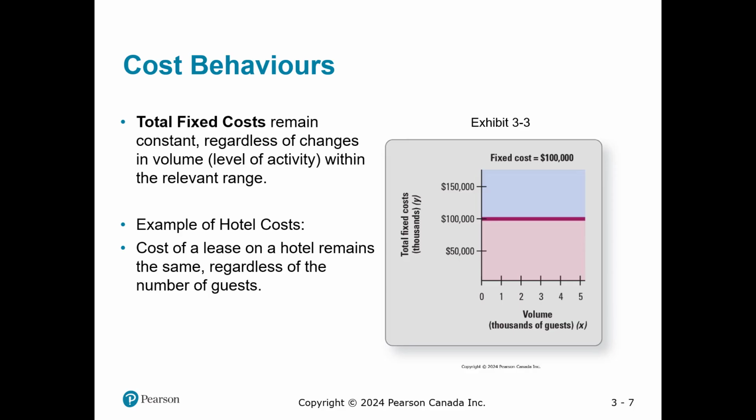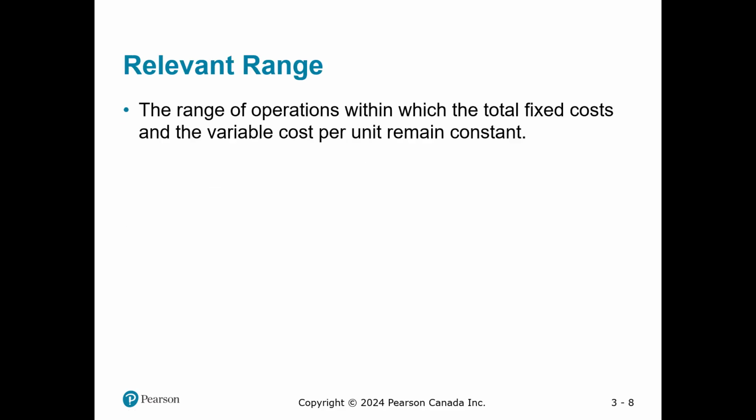So an example for a hotel, the cost of leasing the hotel space, it's going to be the same no matter how many guests we have. So whether we have 0 guests, we still have to pay our lease costs. And if we have 500 guests, we still have to pay this $100,000 in lease costs. So total fixed costs are constant within the relevant range, which we're going to talk about right now.